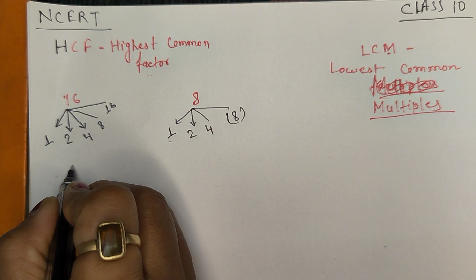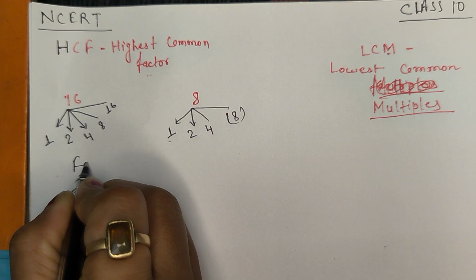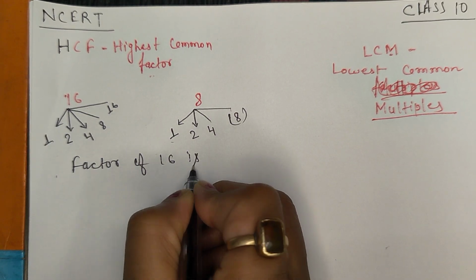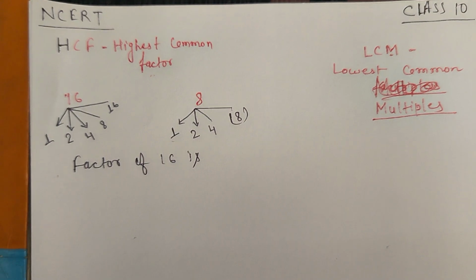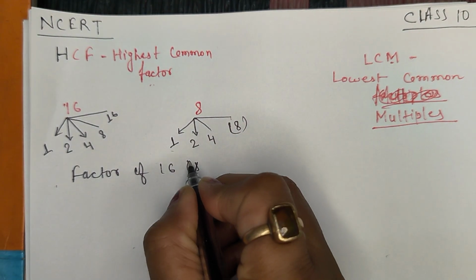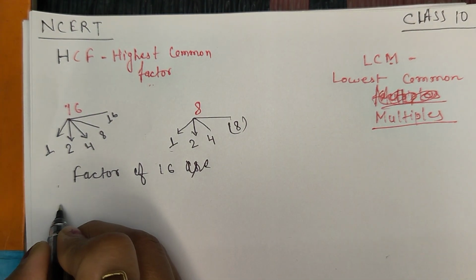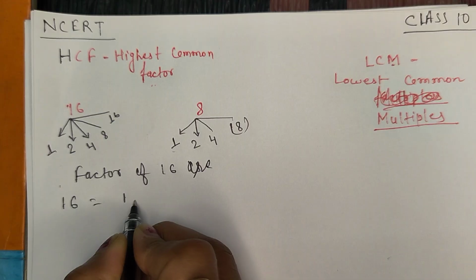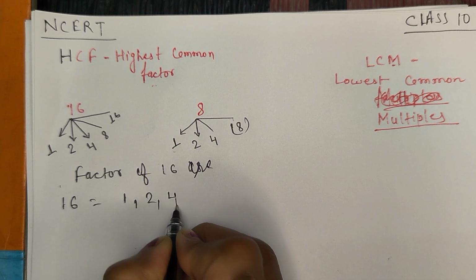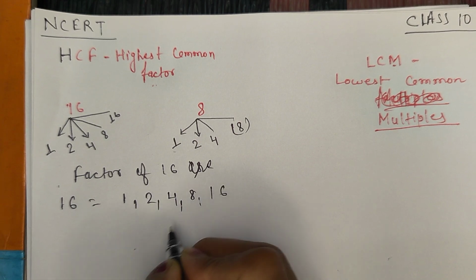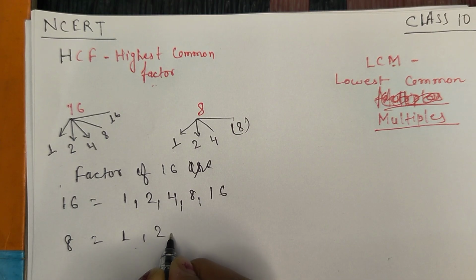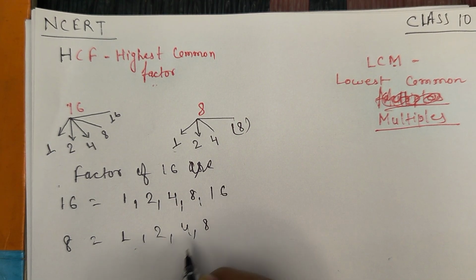The factors of 16 are 1, 2, 4, 8 and 16, and the factors of 8 are 1, 2, 4, 8.